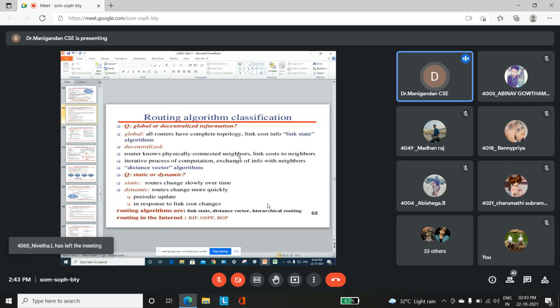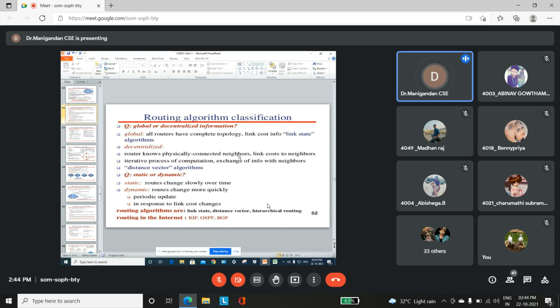Iterative process means, for example, if you are using a looping process in C language, for i equal to 0, the starting value will be assigned as 0, and then i less than or equal to 10, the looping process will continue till i is less than or equal to 10, with i plus plus.